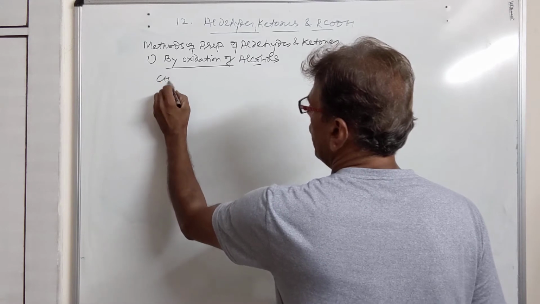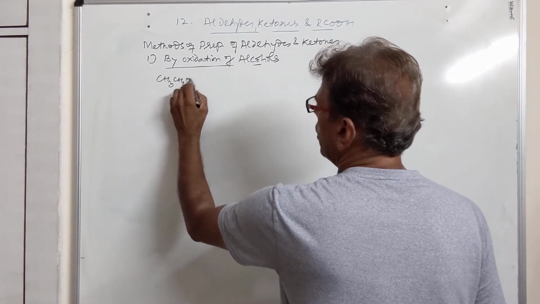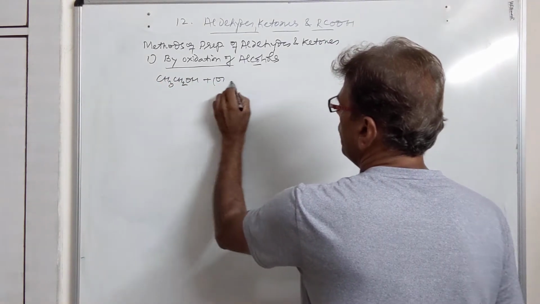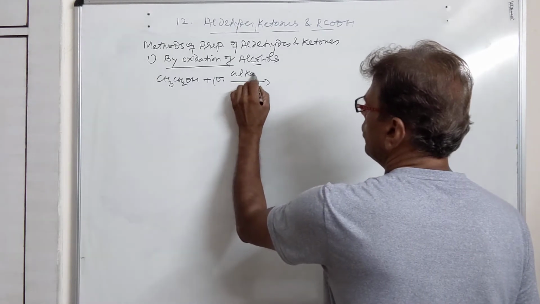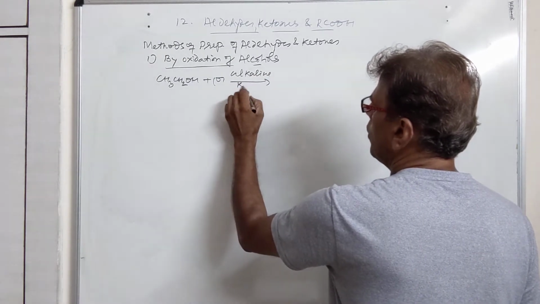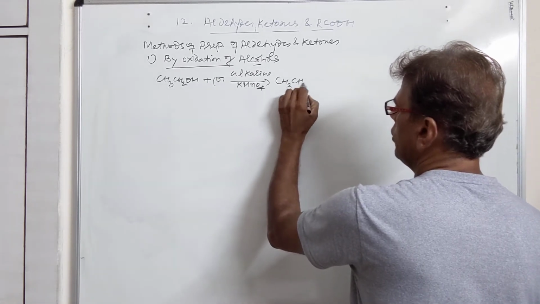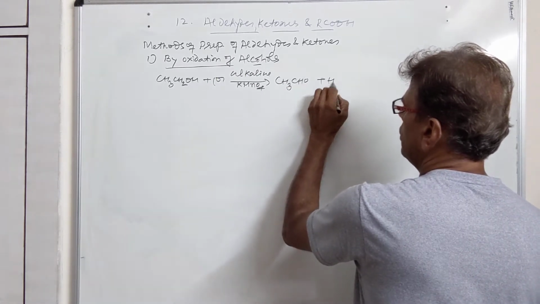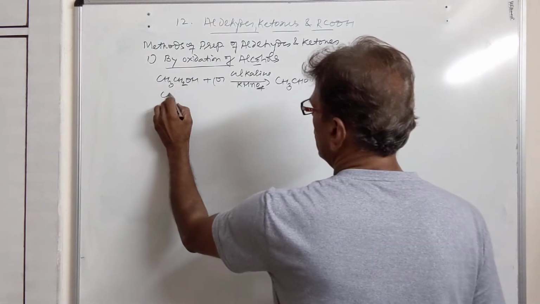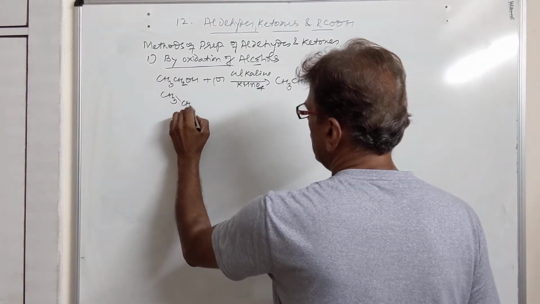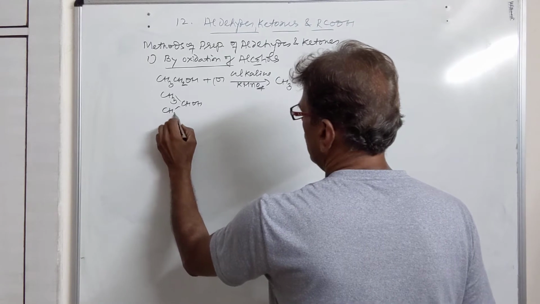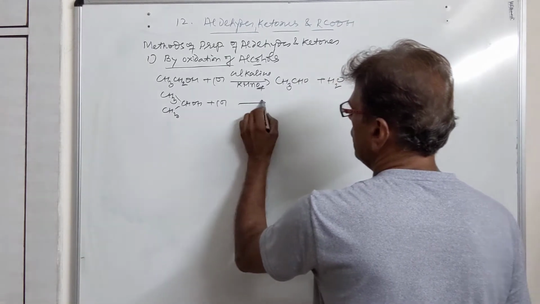So we have here an ethyl alcohol molecule treated with alkaline KMnO4. It will give you CH3CHO plus water. It should be taken out. Then we have isopropyl alcohol treated with the same reagent.